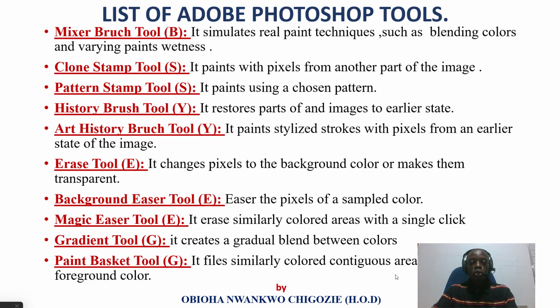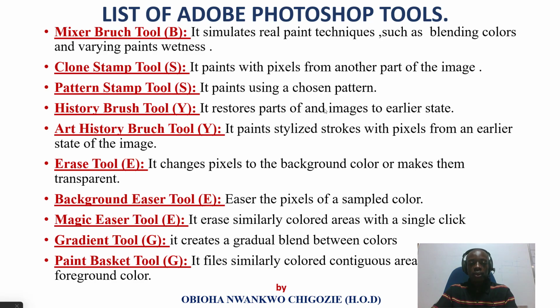You have the clone stamp tool, which paints with pixels from another part of the image. The pattern stamp tool paints using a chosen pattern. You have the history brush tool, which restores part of an image to an earlier state.